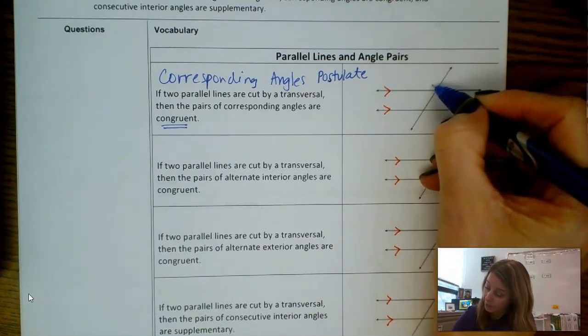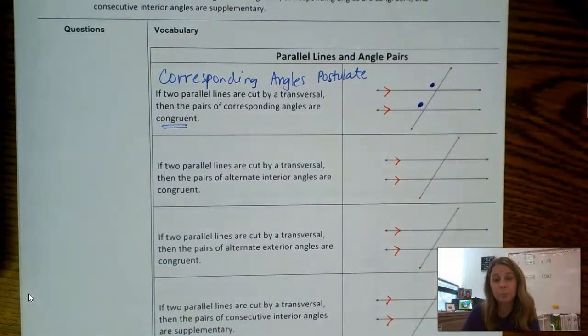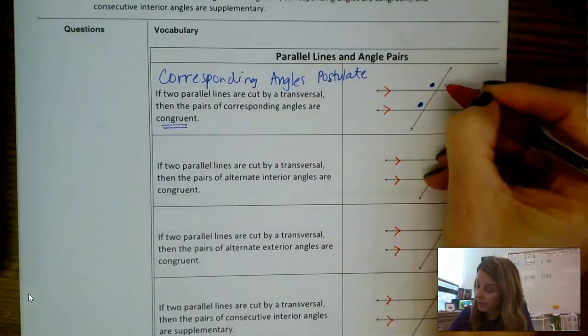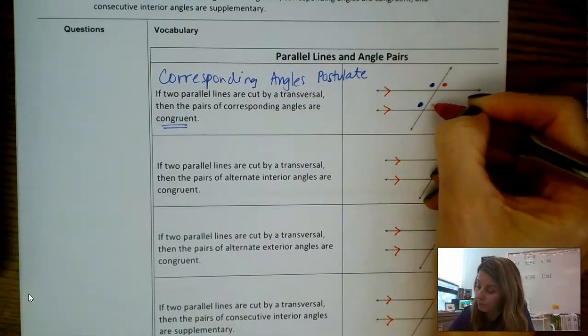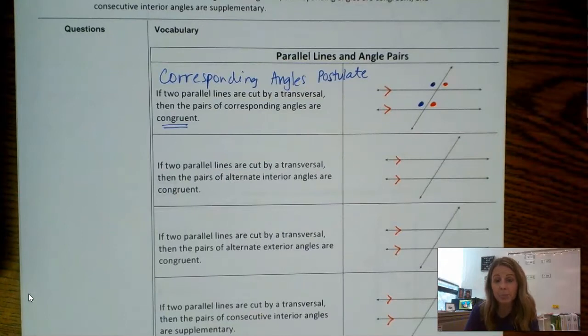I'm just going to use dots, I think. So I will put 2 blue dots in 1 pair of corresponding angles. We'll switch to red. Another pair in red. I'll just put the 2 dots. If you want to number your picture, you can. I'm just trying to show you the different colors or the different sets.